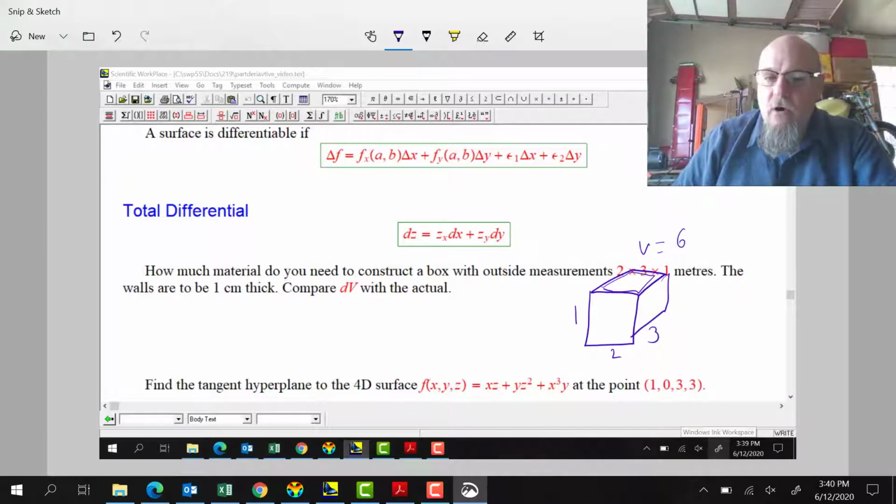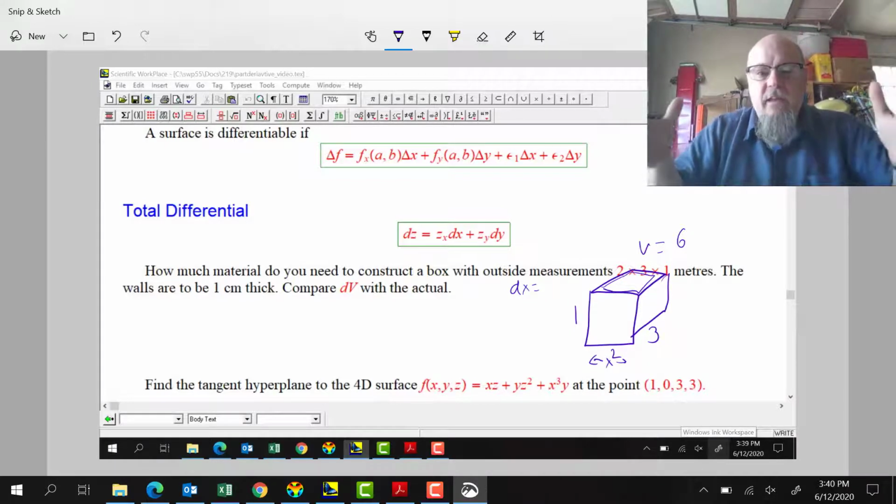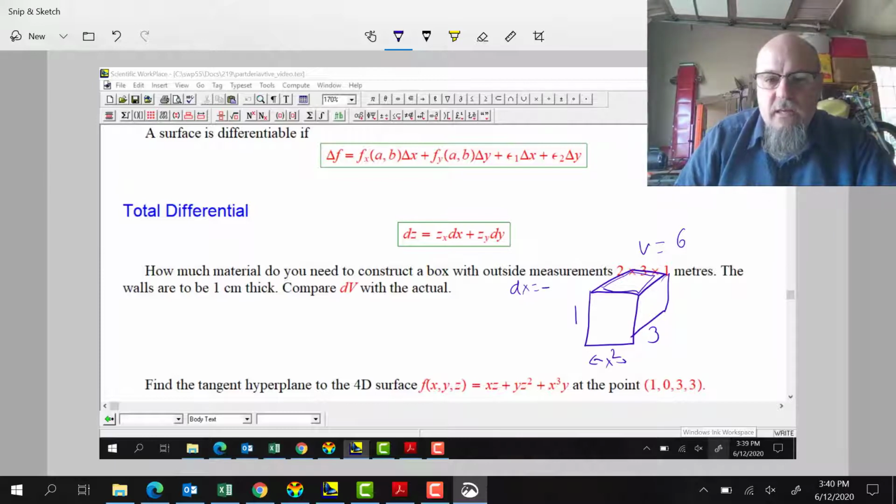The inside volume, the change in the x, let's call this the x, the change in the x from the outside to the inside goes 1 centimeter here and 1 centimeter here. So the change in the x is 0.02. Likewise, the change in the y from outside to inside is minus 0.02.